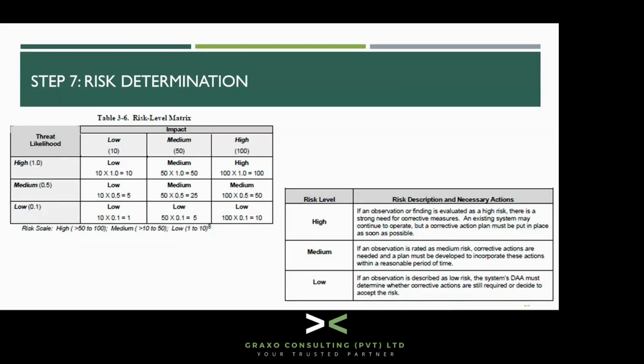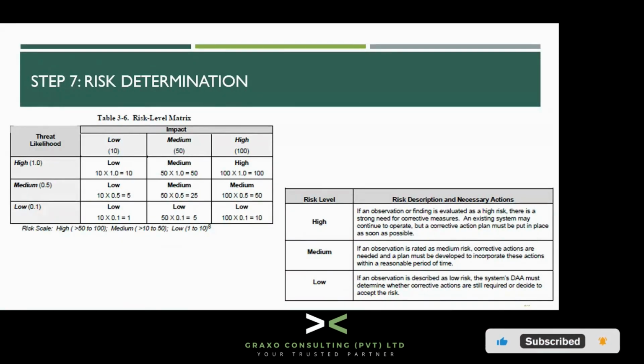The final determination of the mission risk is derived by multiplying the ratings assigned for likelihood, that is the probability, and the impact. In this diagram, on the right side, you can see the risk levels being defined. If an observation or finding is evaluated as high risk, there is a strong need for corrective measures.